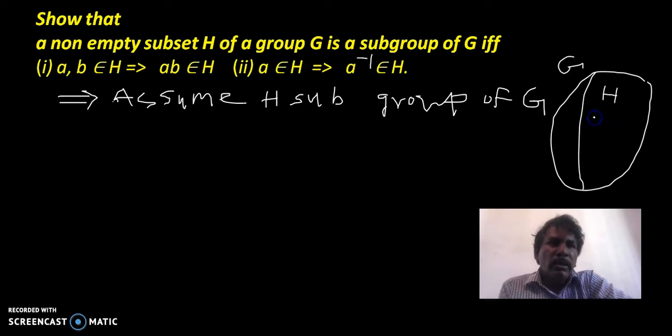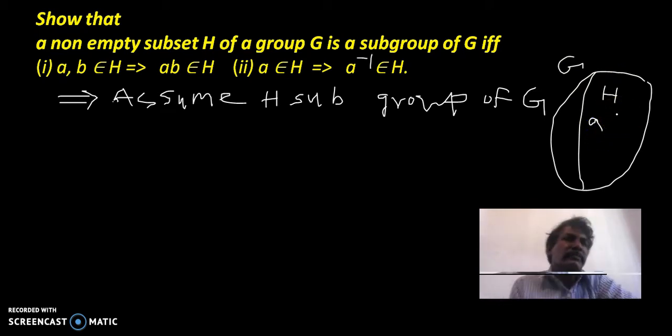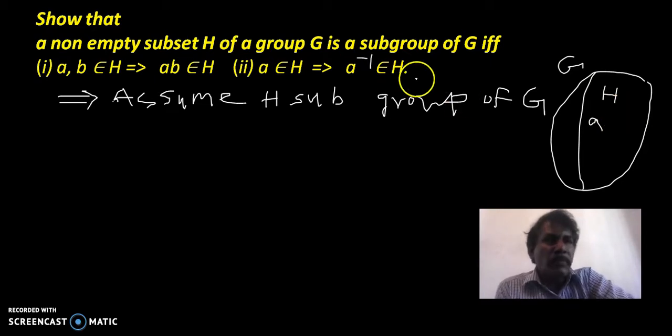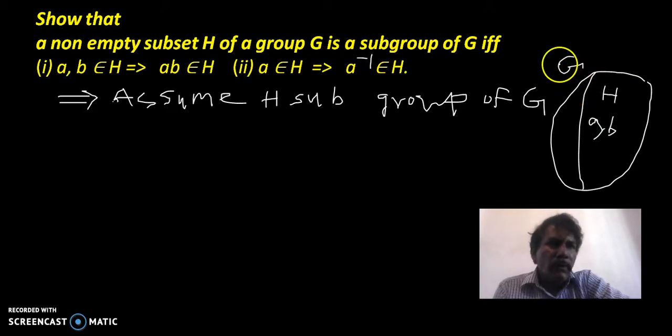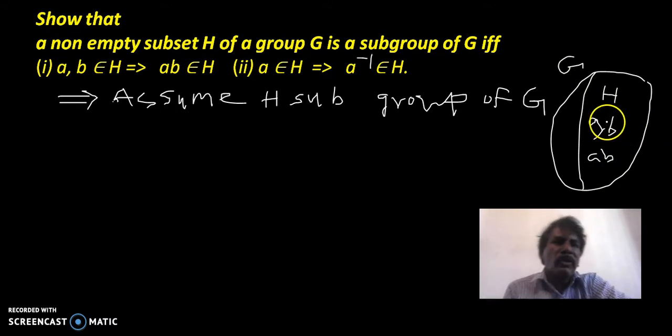Now look at this. H is a subset of G, or H is a subgroup of G. Suppose I am taking a, any element in H. If a is an element in H, it implies a is an element in G also. So take another element b that also belongs to H. What is the meaning? Both a and b are also elements of G. But what is G? G is a group. Therefore, ab should belong to G by the closure property.